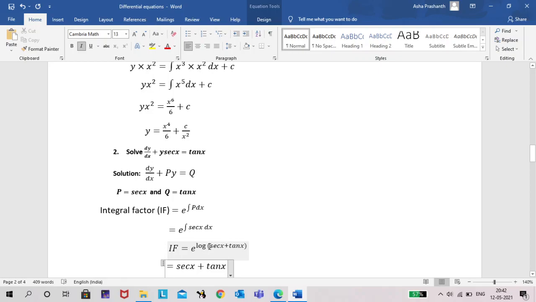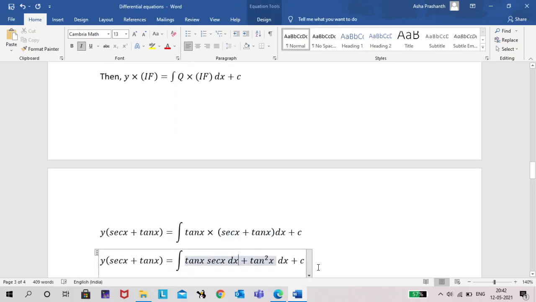Here the f of x value becomes secant x plus tan x, right? So finally I got the integral factor is secant x plus tan x. This is our integral factor. So after that we can find out the general solution for that.